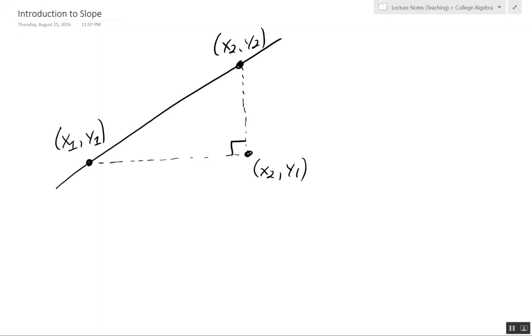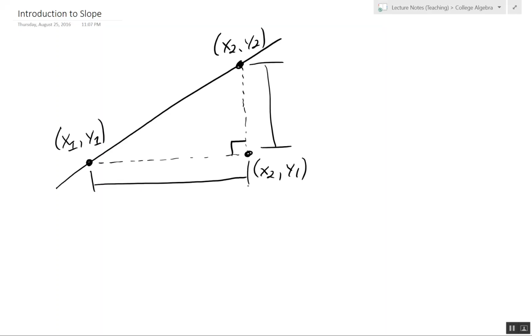So what we want to know is how big is this change relative to this change, and that suggests making a ratio or a fraction. So what is this actual change?